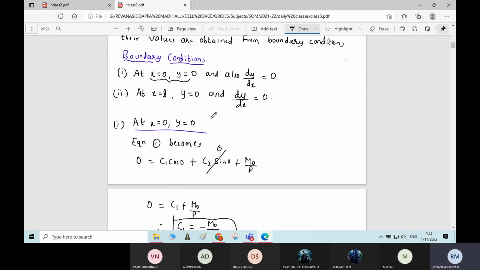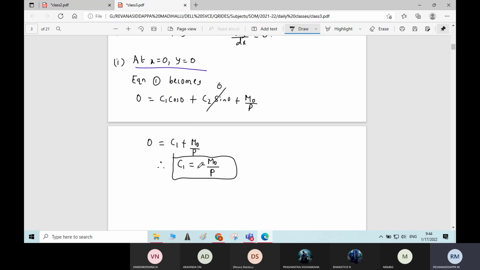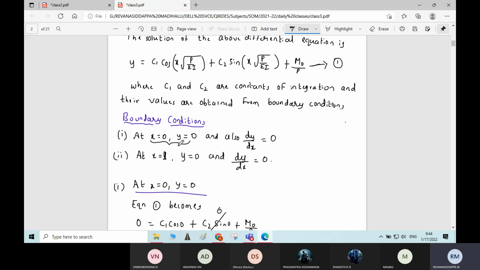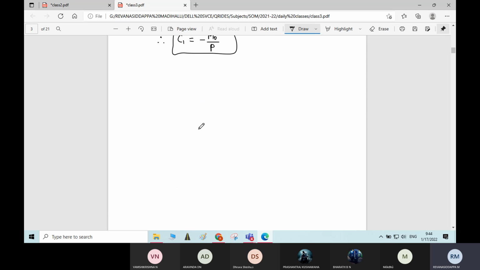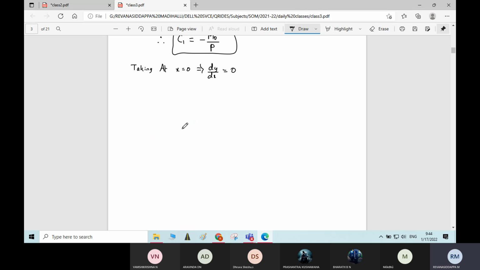Now I will take the second part of the first condition. When x equal to 0, y equal to 0, I have got the value of c1. Now I will take the second part, that is when x equal to 0, dy by dx equal to 0. Taking at x equal to 0 the corresponding slope dy by dx equal to 0, first we need the value of dy by dx.